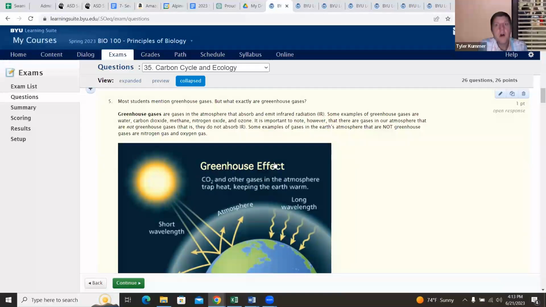One of the big long-term reservoirs of carbon in the carbon cycle is the movement of carbon into what we call fossil fuels. So this typically happens, for example, for coal, right?